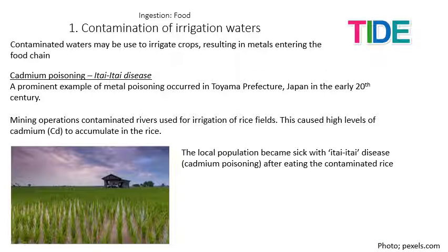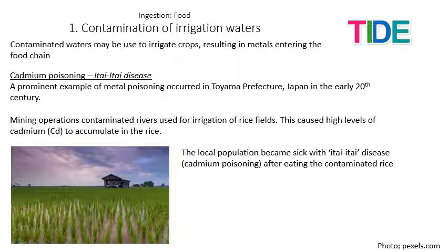A particularly prominent example of metals which can accumulate in crops that we grow include cadmium as well as arsenic, which can accumulate to very high levels in rice. And eating rice can therefore be an important vector for exposure of these metals to many people around the world.